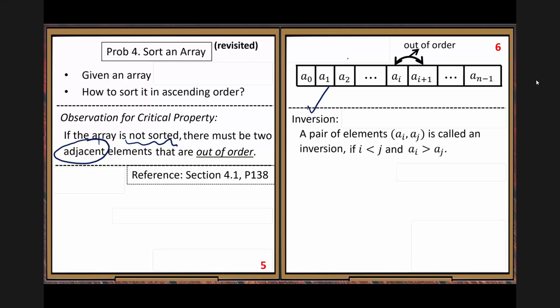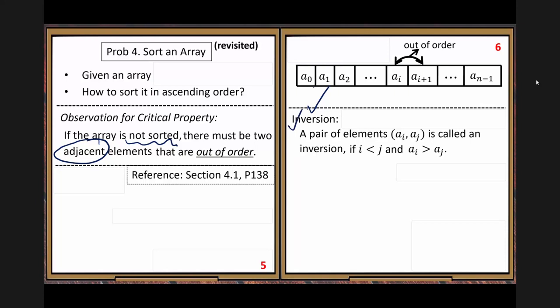That means if we look at these two elements, they are in descending order, not ascending. Opposite of the ascending order. Okay? Descending. So that we call an inversion.